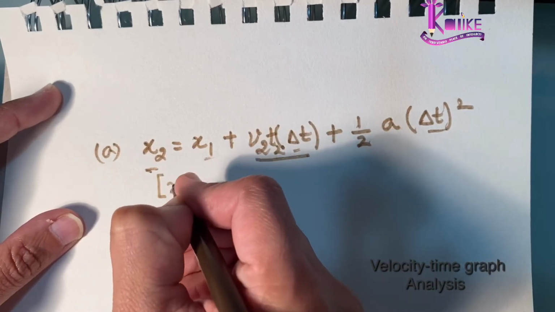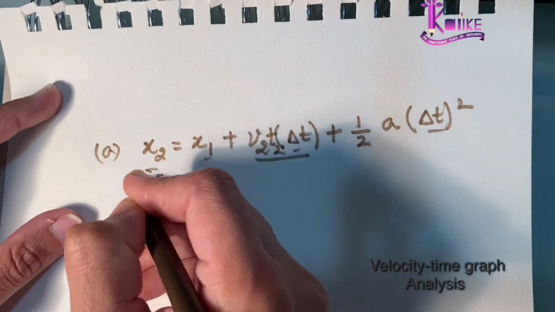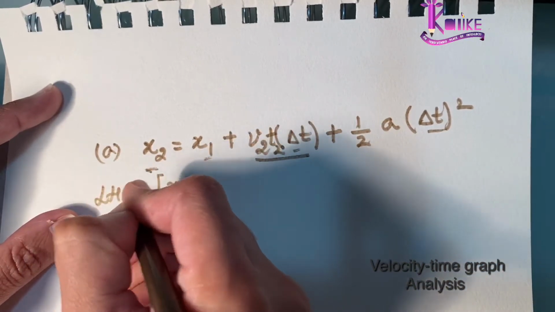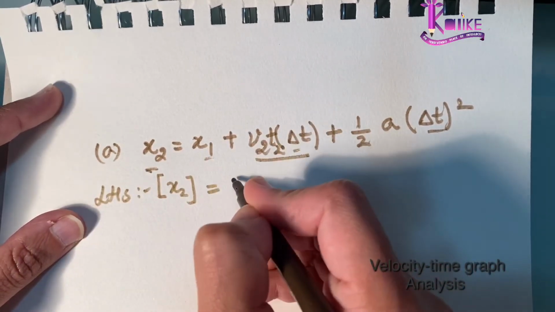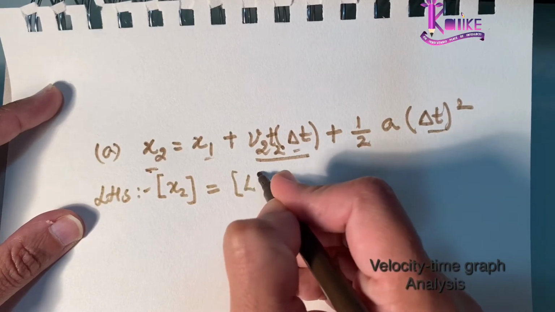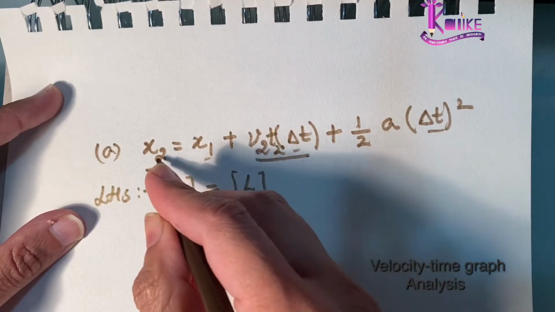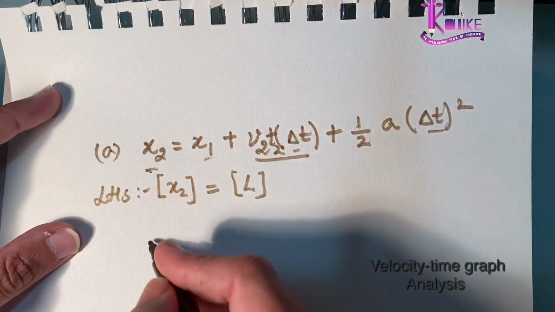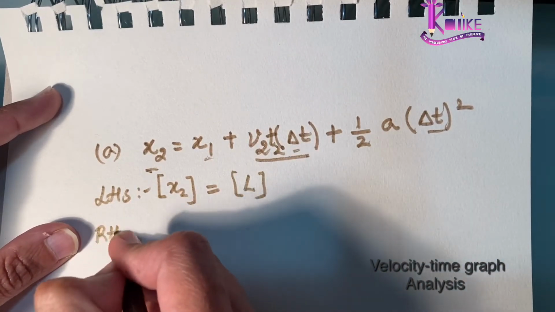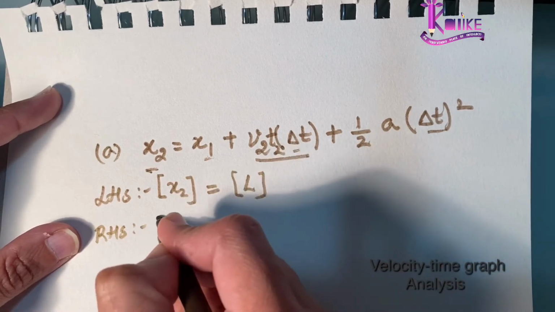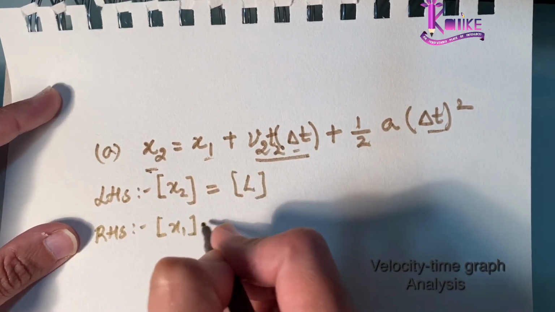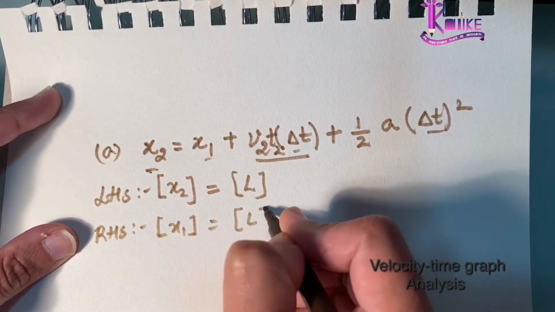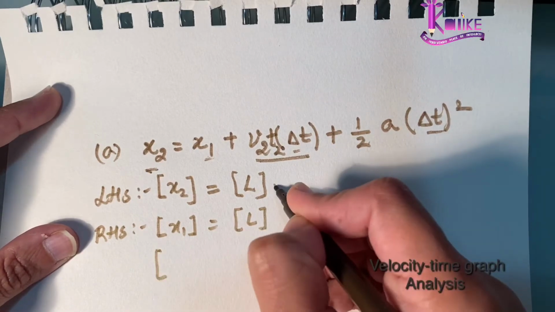The dimensions on the left hand side: x2 has just length, since you measure distance or displacement in meters. Now let us check the dimensions on the RHS. First, x1 has a dimension of length, so these two match.